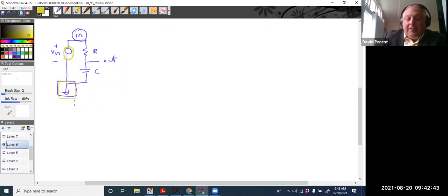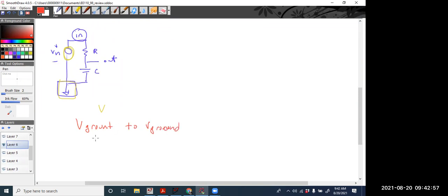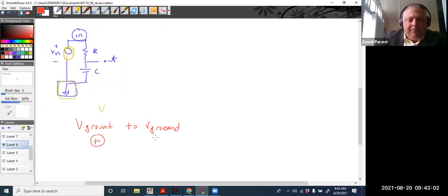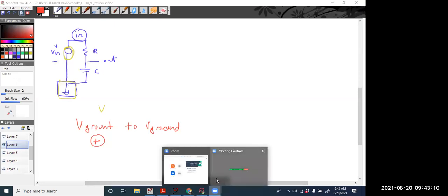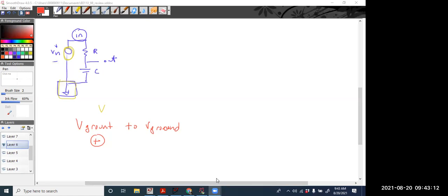It's not that it's magically at 0, but if I measure the voltage from V ground to V ground, I put a pot... I think I'm kind of echoing. Hold on a second. Okay.